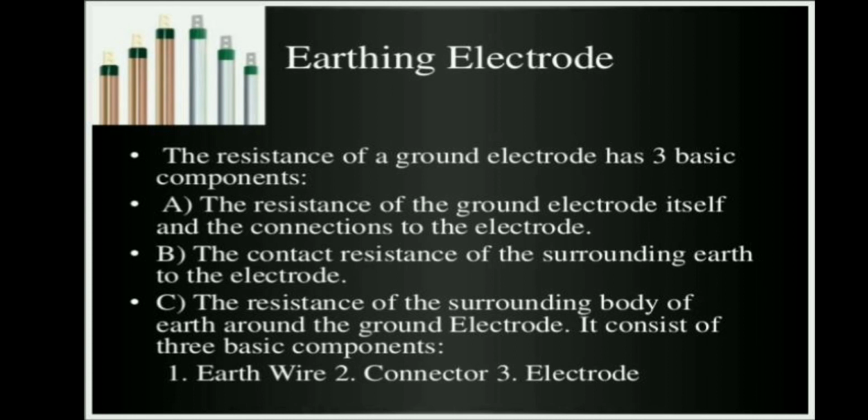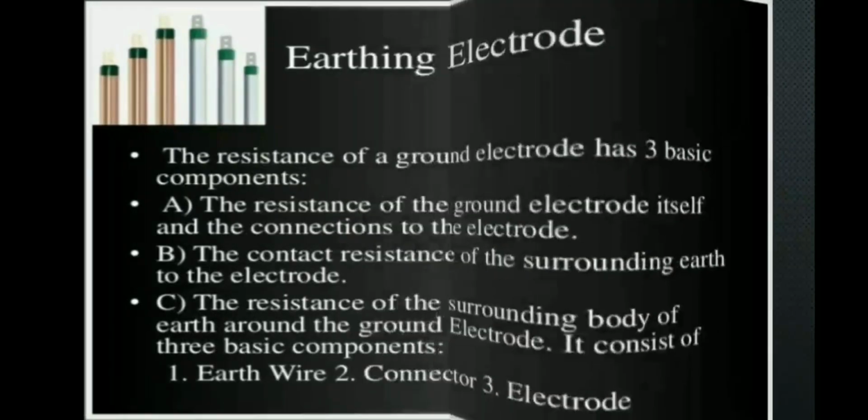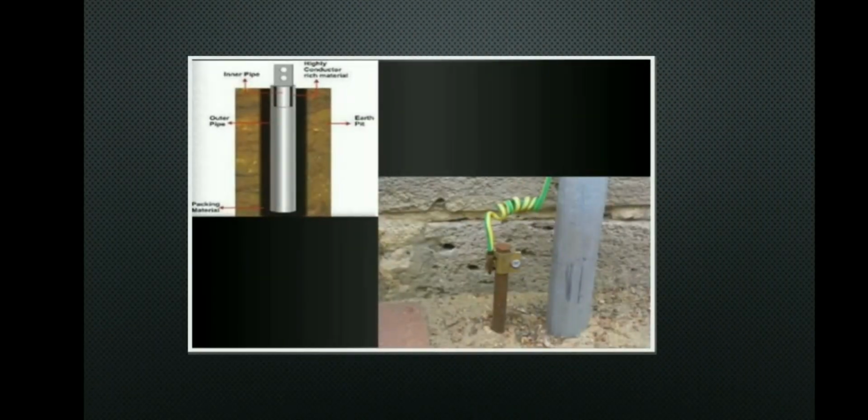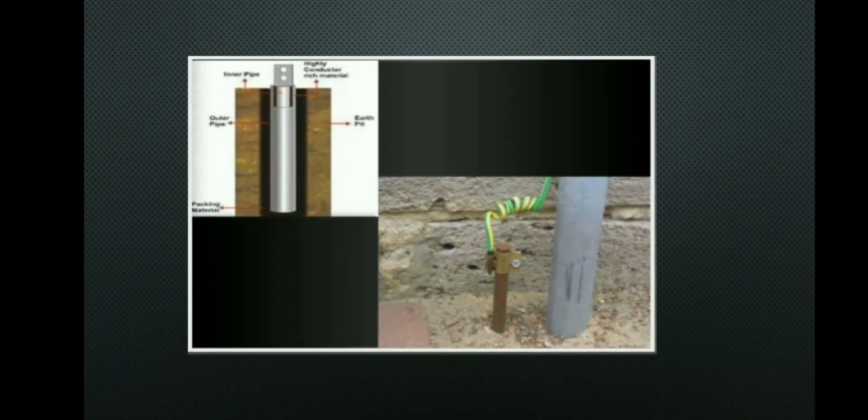Third, the resistance of the surrounding body of earth around the ground electrode. It consists of three basic components: first is the earth wire, second is the electrode, and third is a connector. Here you can see the earthing electrode photo.